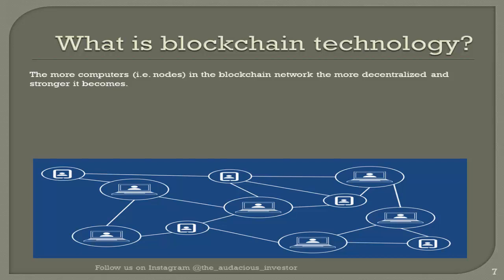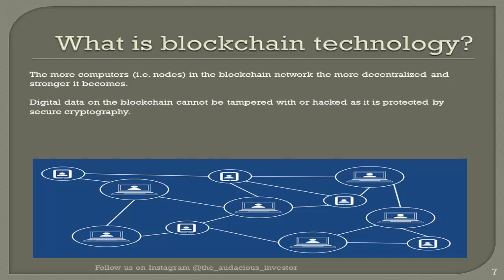Which one is stronger? Which one has better security? Which one would it be harder to destroy? Of course, the one with 10,000 nodes across the world, that will be harder to take down, destroy, because of how decentralized it is, compared to one with just 10 nodes scattered across the same town, for instance.